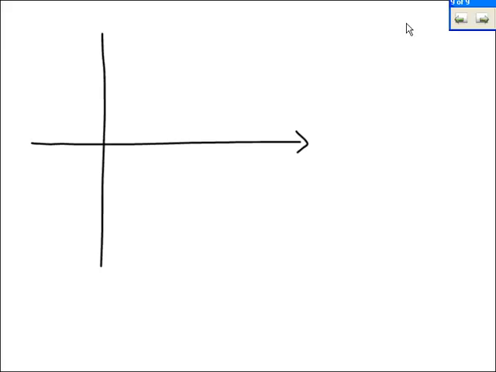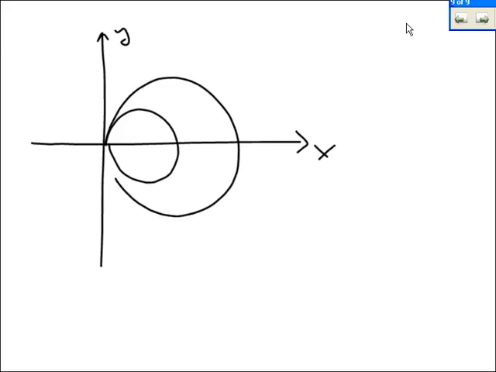Here's a nice problem. I like this one. We even put these on axes. X-axis, Y-axis. You have one circle, and you have another circle. They are tangent to one another.